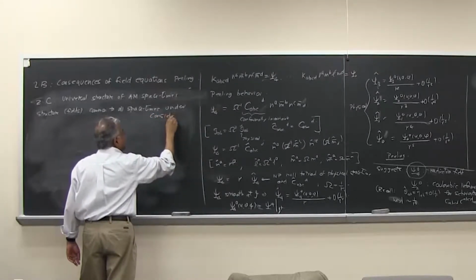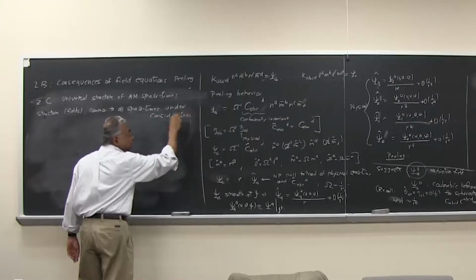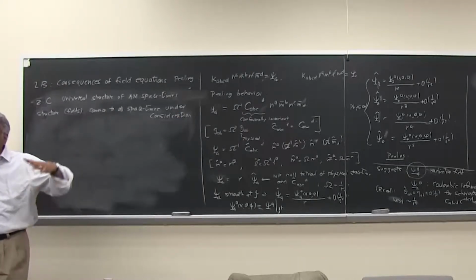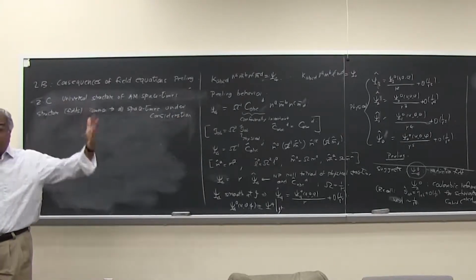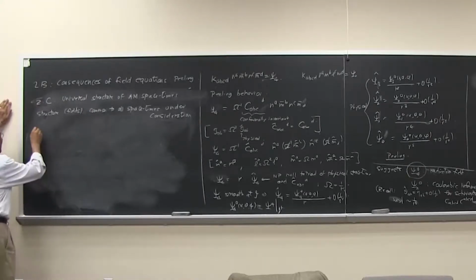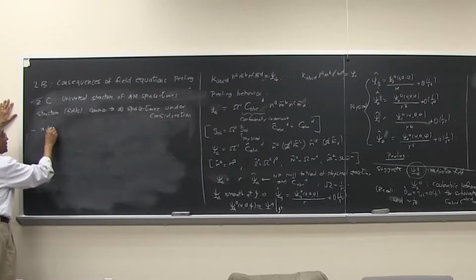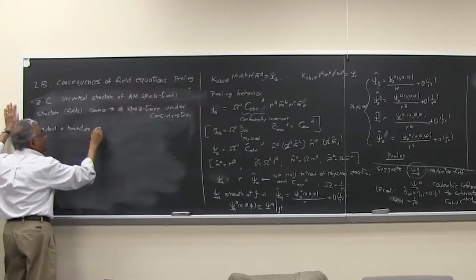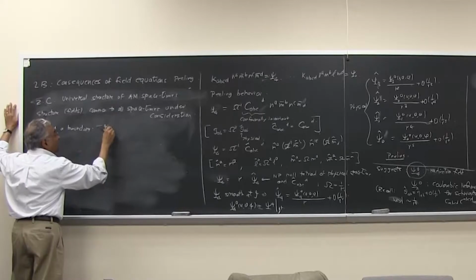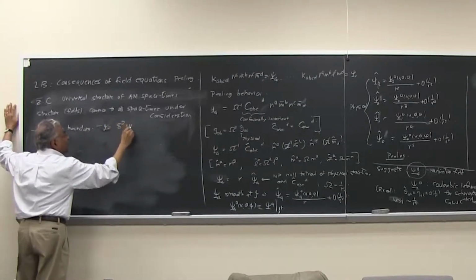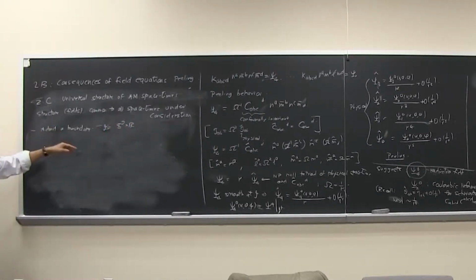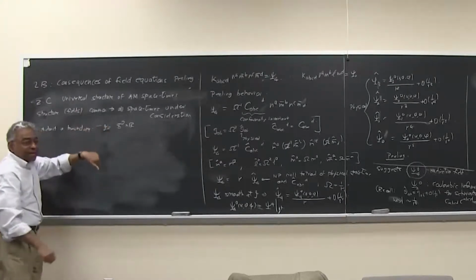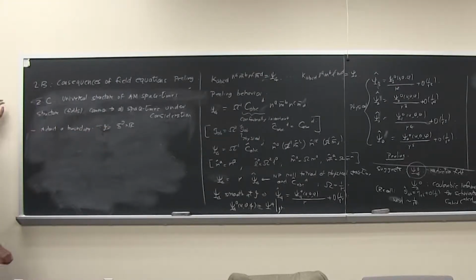The spacetime may have radiation, the spacetime may be stationary, it doesn't matter. So long as it is asymptotically flat, I always have this structure. So what is this structure? The first part of the structure is that it admits a boundary whose topology is Scri, which is topology S^2 cross R. Again, I'm using Scri to really mean Scri plus or Scri minus, so I'll just say Scri here.